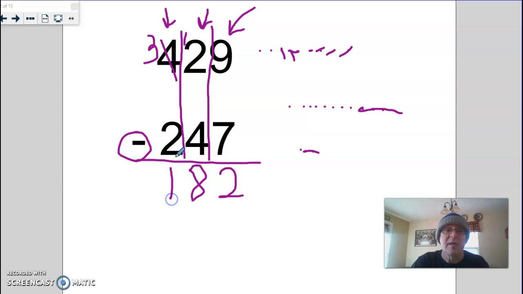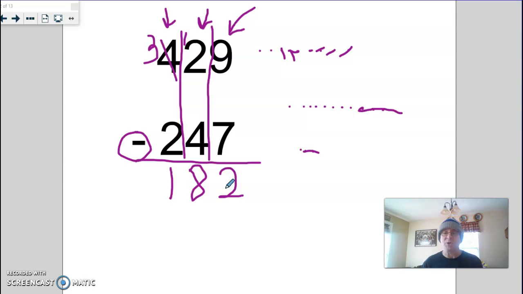The difference of 429 and 247 is 182. Or the answer to the subtraction problem, 429 minus 247 is 182. We've got to get used to using these terms: difference, which is the answer to a subtraction problem, and sum, which is the answer to an addition problem.